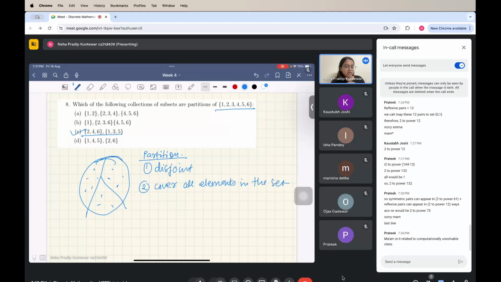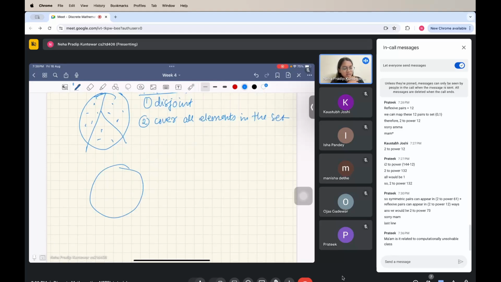In the first option, 2 is common to two sets, so disjointness is violated. Here again 6 is repeated, so disjointness is violated. In option D, 3 is not covered, so your correct option is C, which divides the set into 2 4 6 and 1 3 5. These are the two parts that you get.